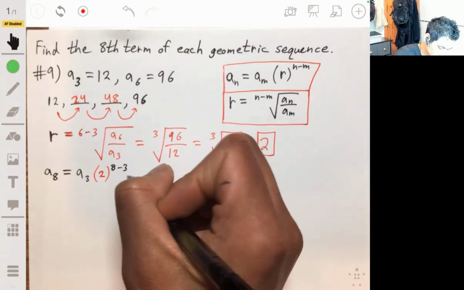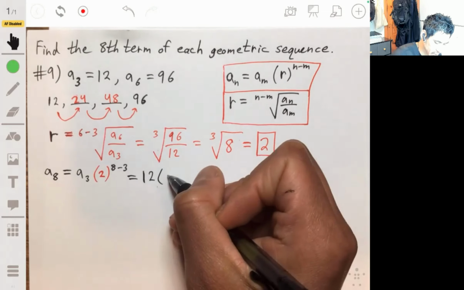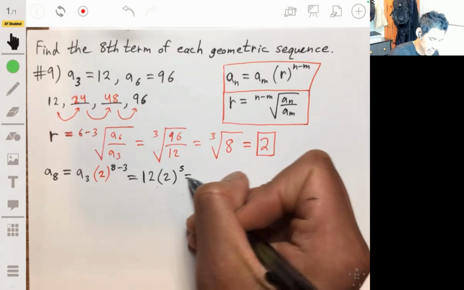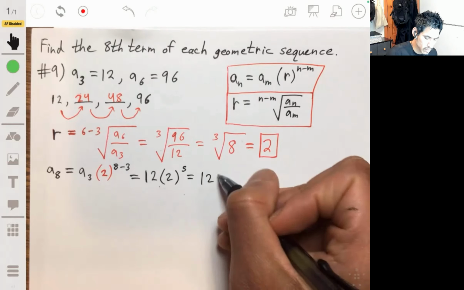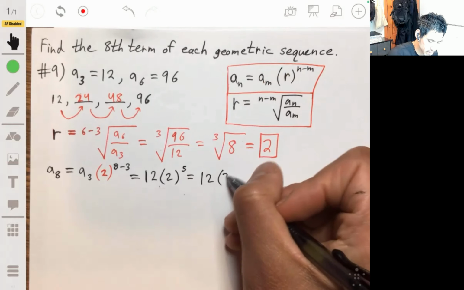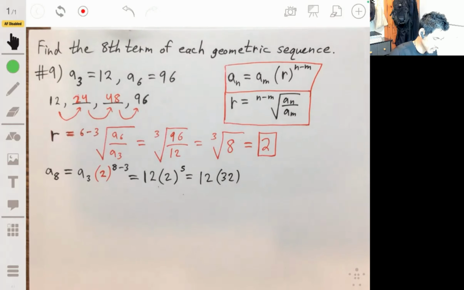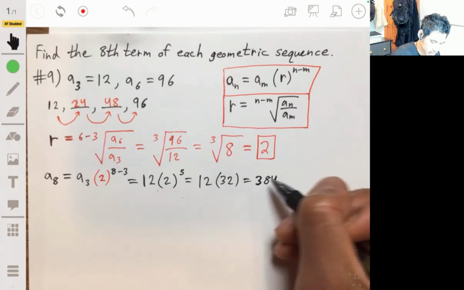Let's evaluate this. a3 is 12, so 12 times 2 to the 5th power. Two to the 5th: 2, 4, 8, 16, 32. So 12 times 32 is 384. And there you go.